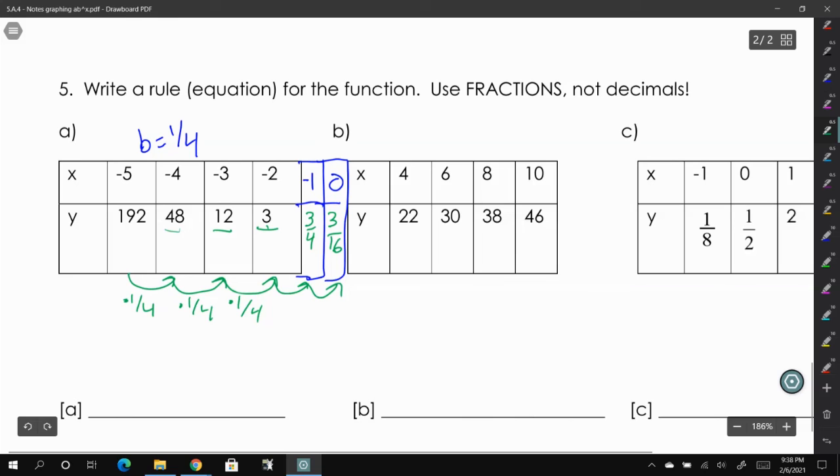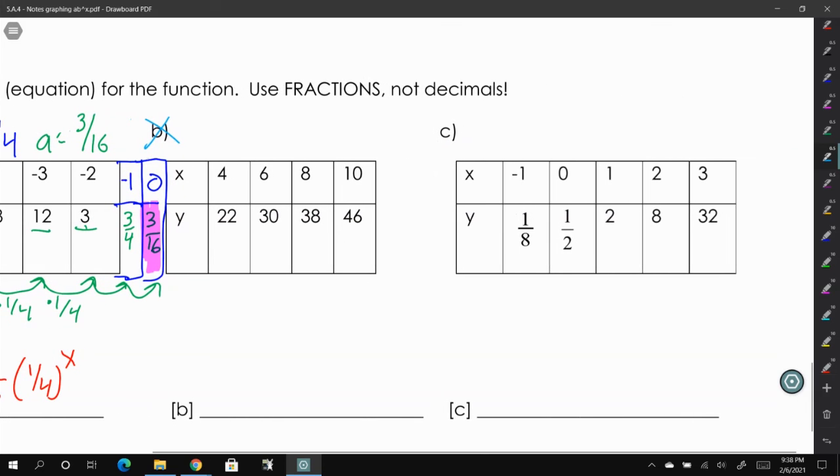And the a value is our y-intercept, or 3 over 16. So that would make the equation y equals 3 over 16 times 1/4 to the x power. We're going to skip letter B.